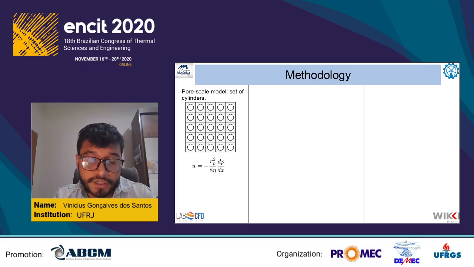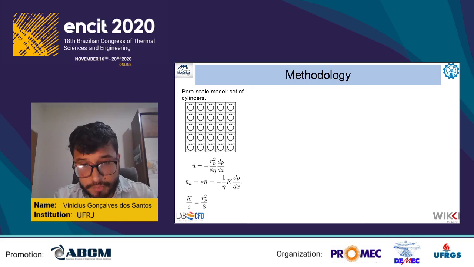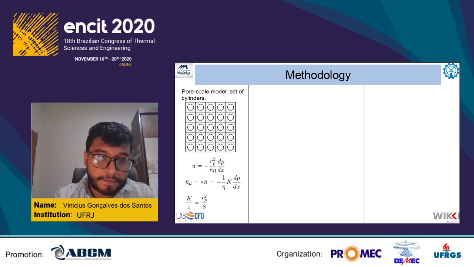You have this equation for the mean velocity. Using Darcy's law and combining the two equations, we have an expression that relates the permeability K, the porosity, and the pore radius.